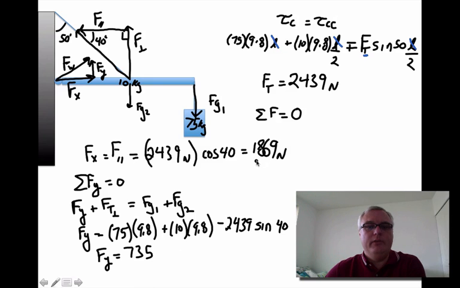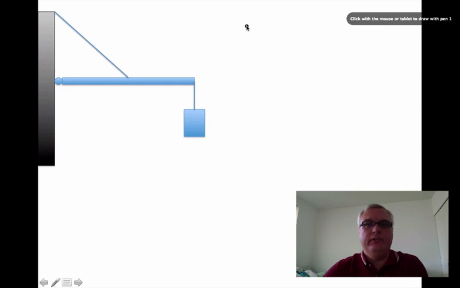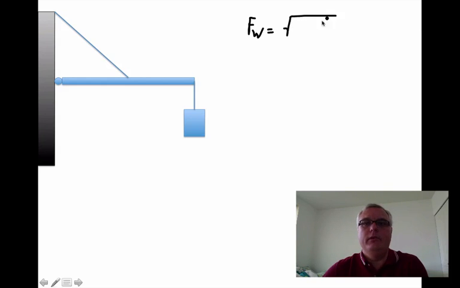So now that we have our two components, the x and the y component, we could solve for the force exerted by the wall. Okay? I'm just going to clear the screen here so we have a little bit more room to write. So the force exerted by the wall is going to be the square root of those two components squared.